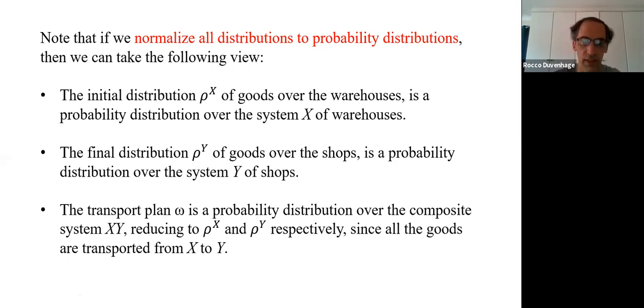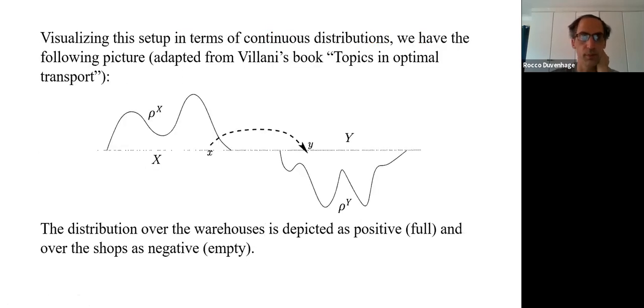One can check fairly easily that the transport plan is in fact a coupling. It is itself a probability distribution, reducing to those two probability distributions that we give for the warehouses and the shops.